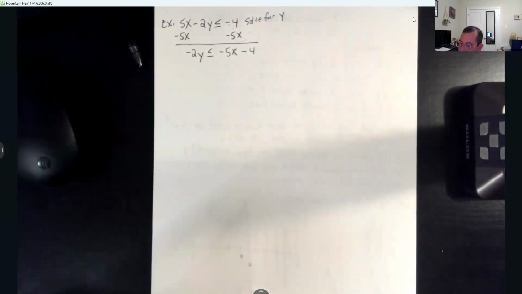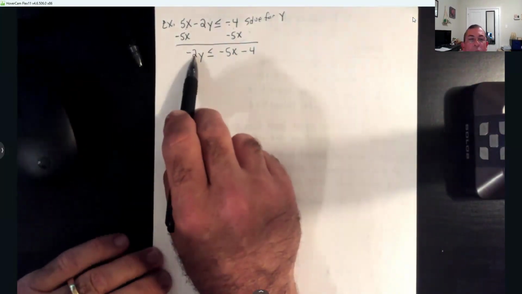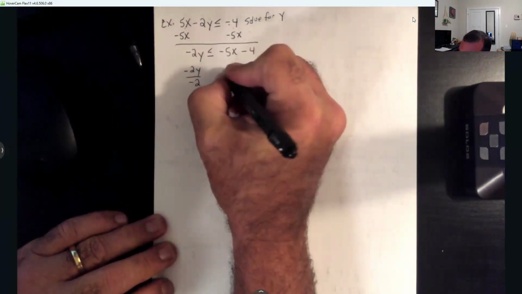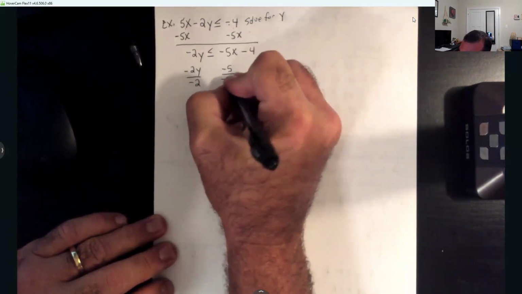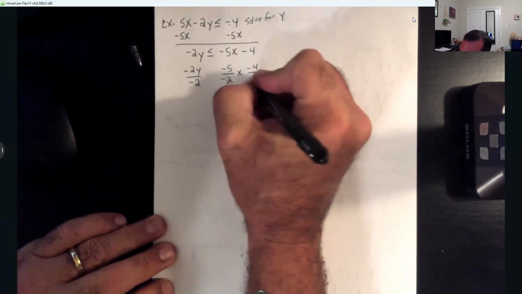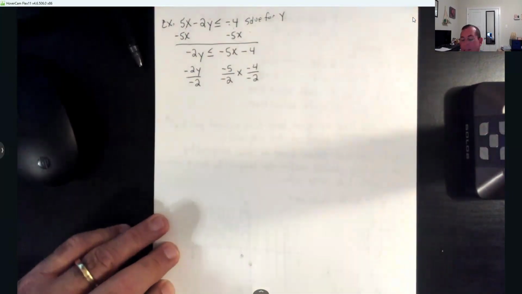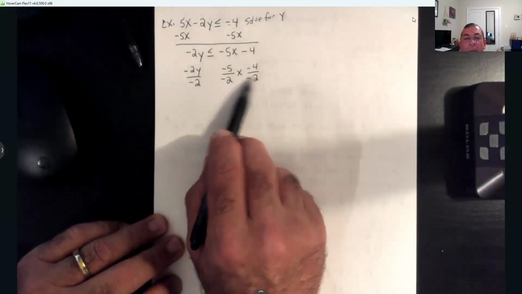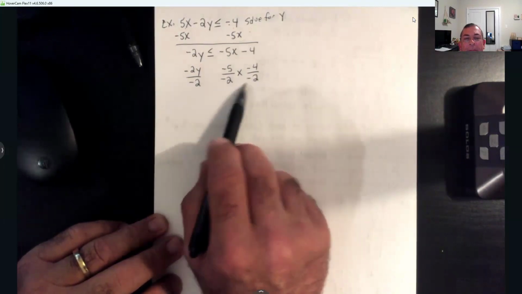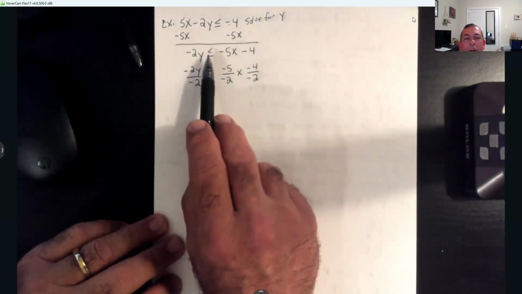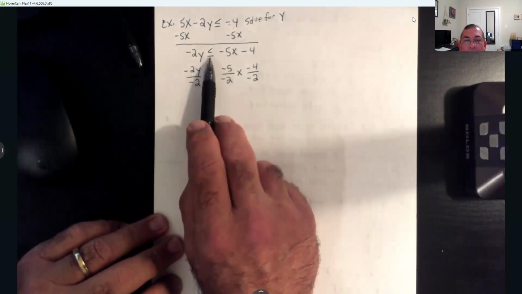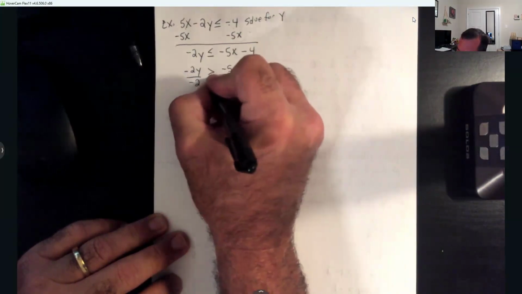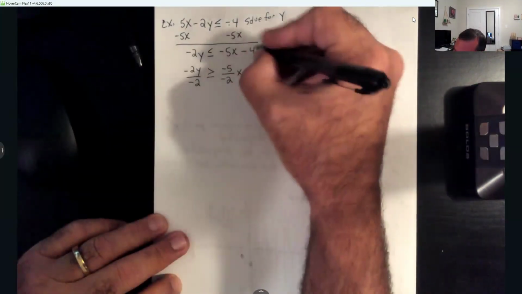All right, so now I need to make that a 1y instead of -2y. So we're going to come in and divide everybody by -2. But y'all remember this. If you're dealing with an inequality, what do you need to do when you divide by negative numbers? You need to reverse the direction of the inequality. So instead of less than and equals, it's now going to be greater than or equals.